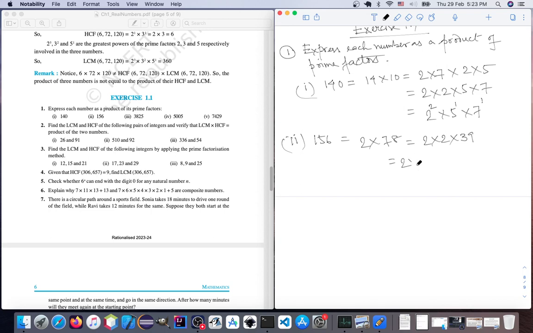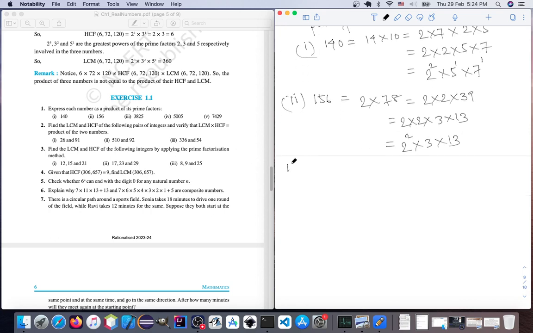This is 2 into 2 into 3 into 13. Now we cannot further break it down into factors because we already have the prime factors. If we now combine the similar primes and have powers, we get 2 squared, 3, and 13. It's always good to arrange the prime factors in ascending order, combine the similar primes, and have powers.